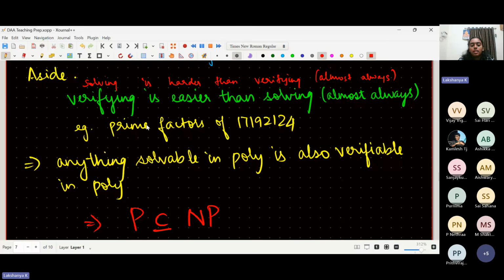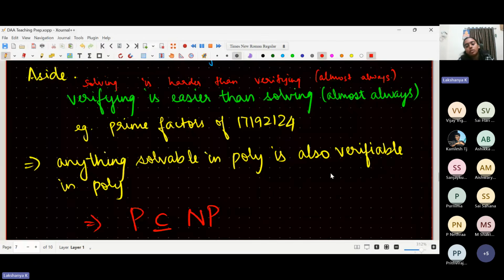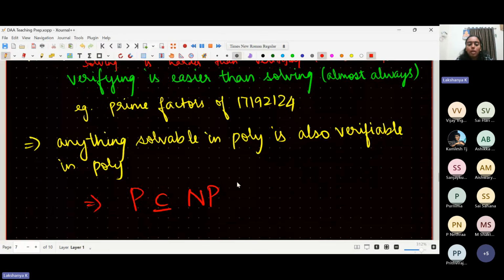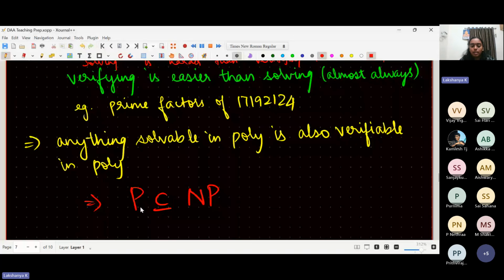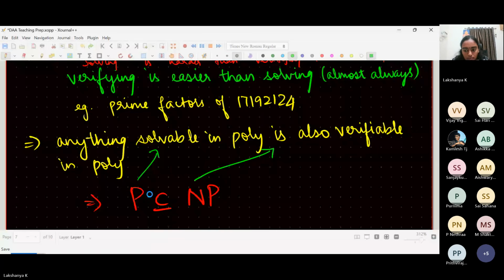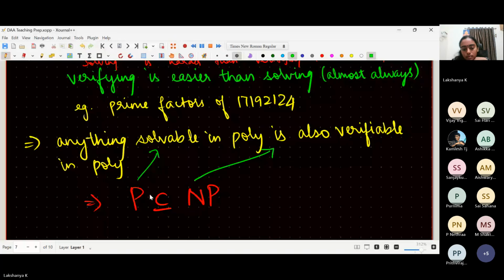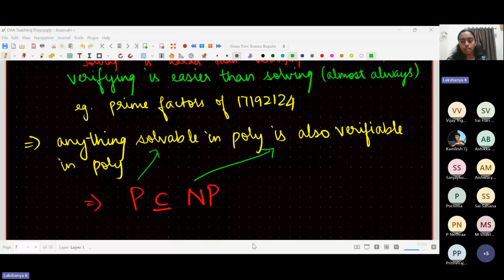So anything that is solvable in polynomial is also verifiable in polynomial. So P is a subset of NP. P is basically anything solvable in polynomial, and NP is anything that is verifiable in polynomial. So P is a subset of NP. That makes sense? Yeah. Everyone? Are we on the same page so far?